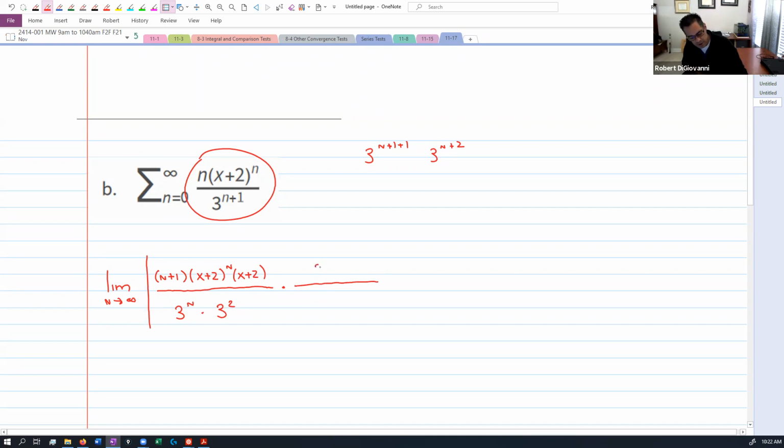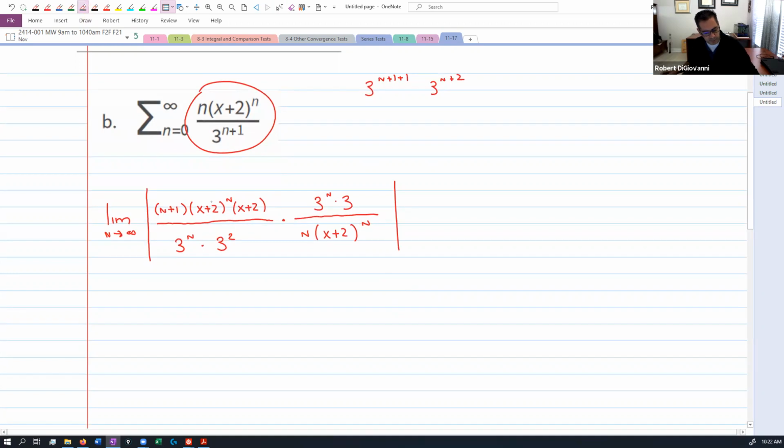And then on this one, it's just that flipped over, which will be 3 to the n times 3, and then x+2 to the n, like that. Cancel. I can get one of these 3's to go away. Yeah, I think that's it.